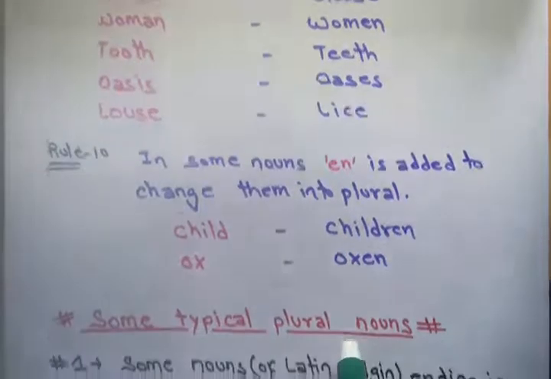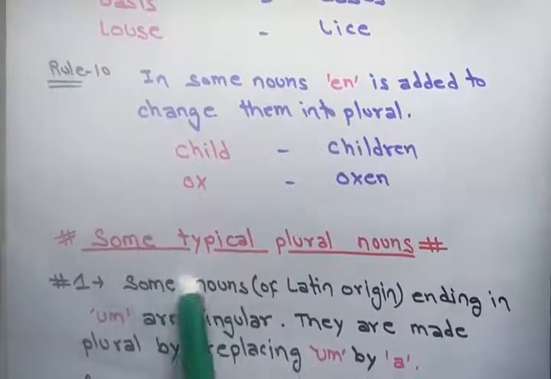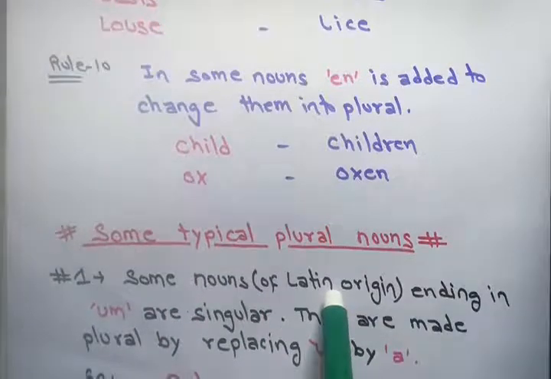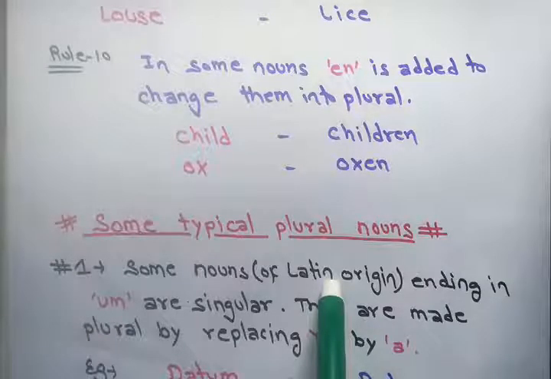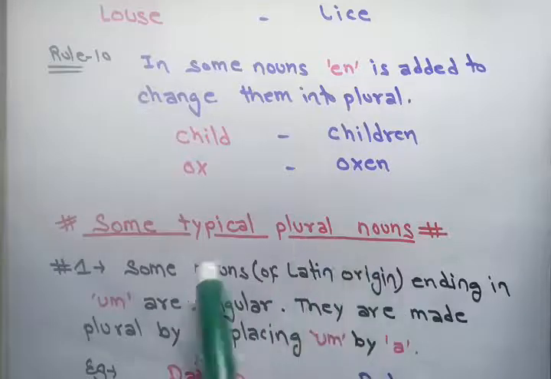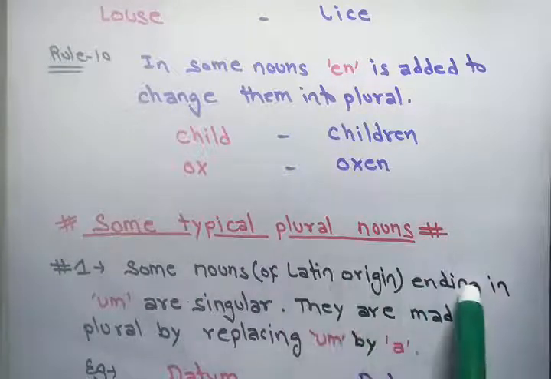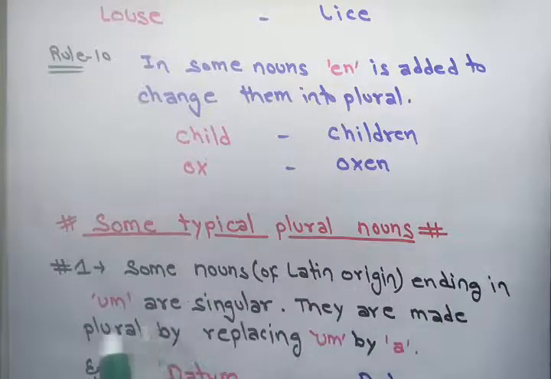Some typical plural nouns. Let's see. First, some nouns of Latin origin, meaning those made by Latin people. Some nouns of Latin origin ending in um are singular. They are made plural by replacing um with a.